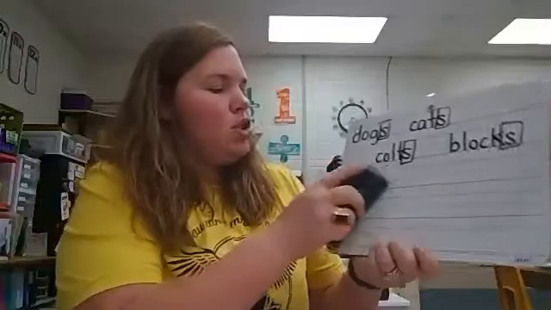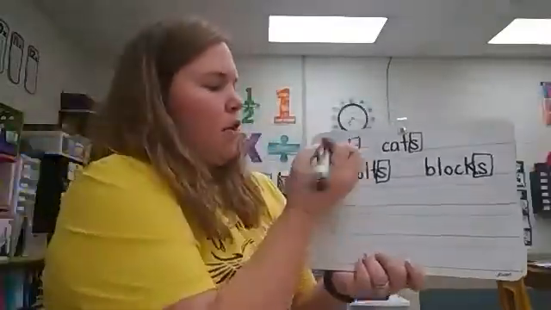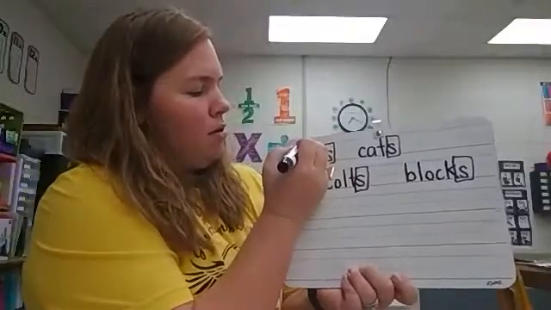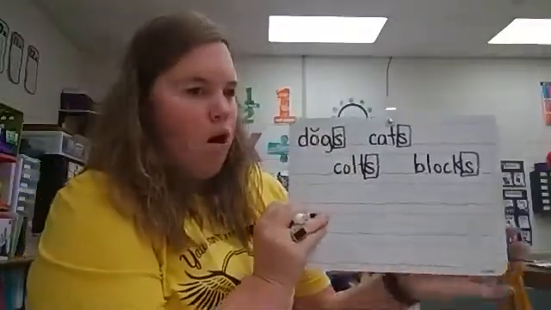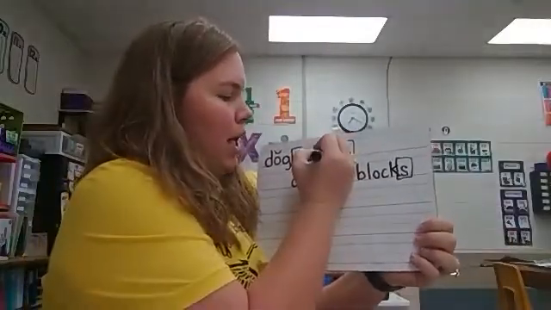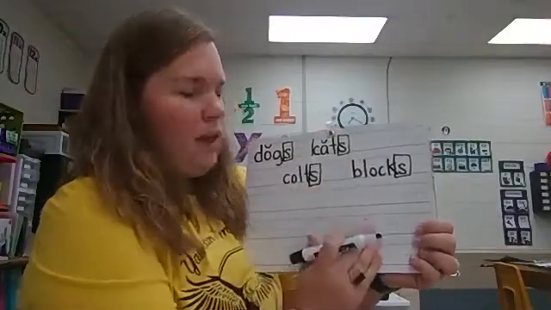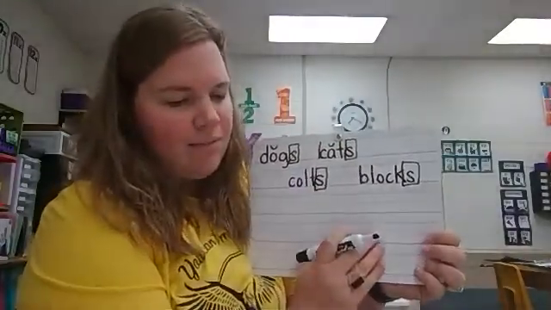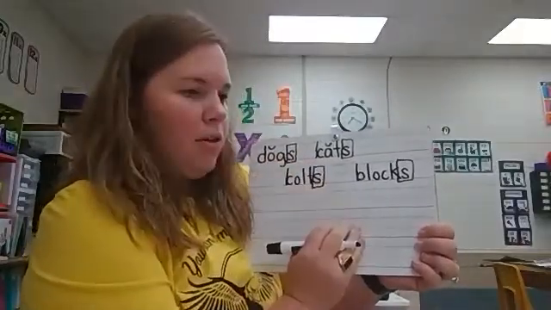So let's finish coding the rest of these words just to get back in the habit. So for dogs, I need a breve above the O. Dogs, it is a short O sound. We need a K back on our C and a breve above the A in cats. Colts needs a K back also.